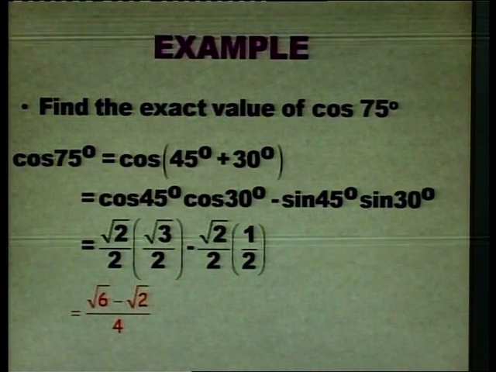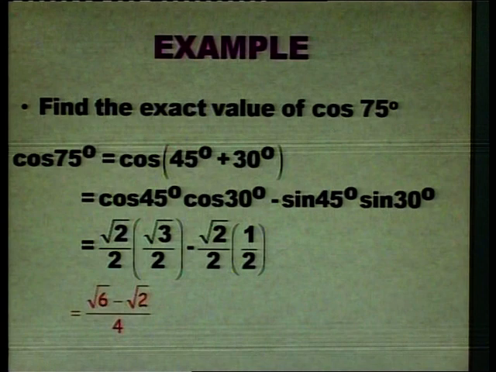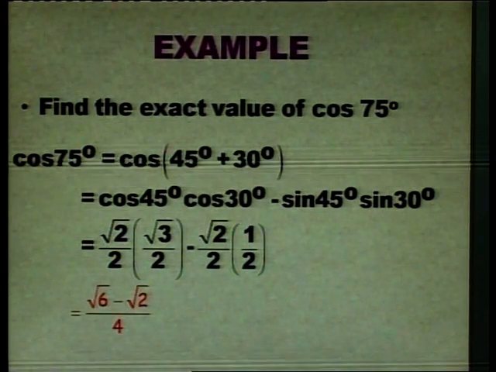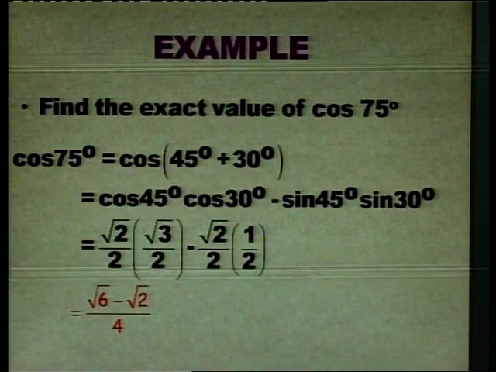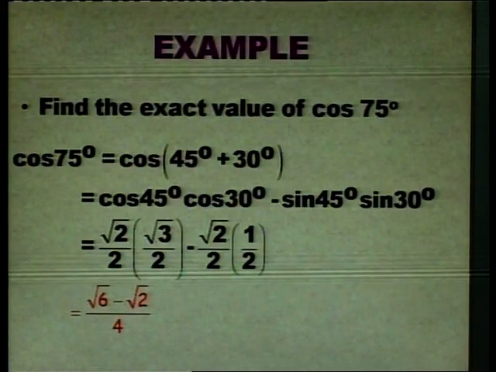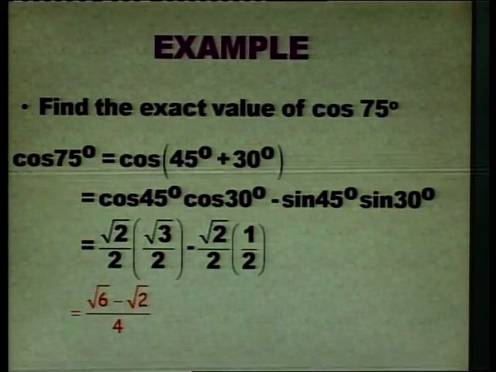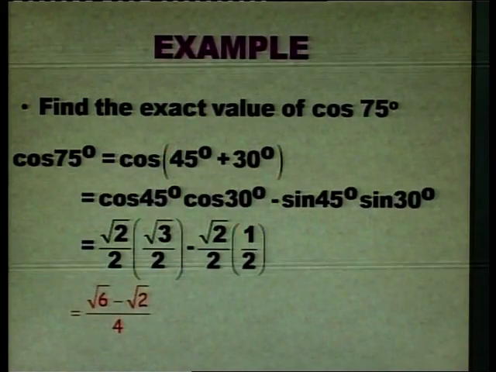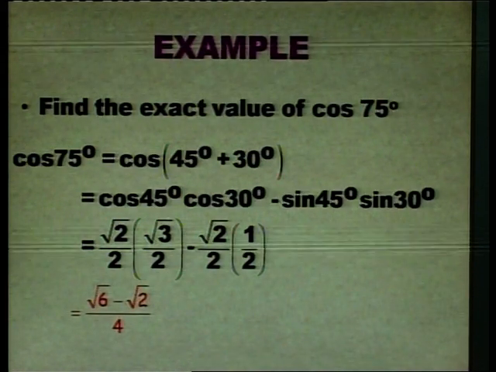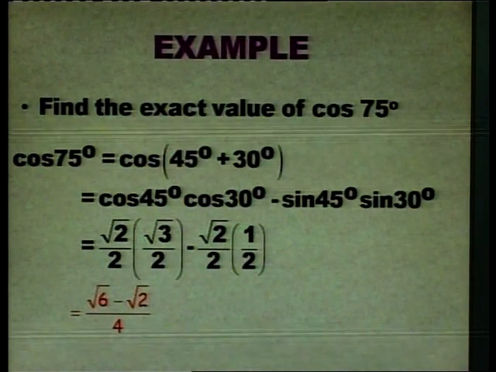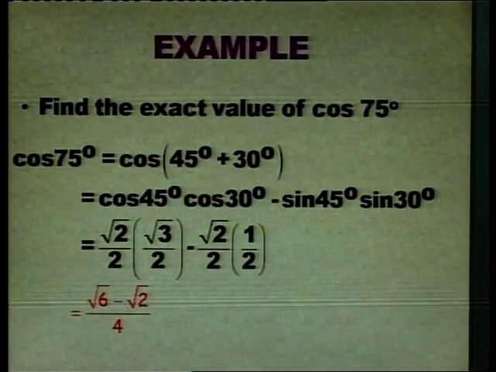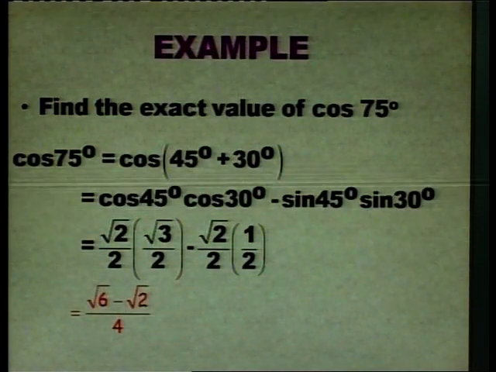Now, here is a simple remark: this value, (√6 − √2)/4, you probably got in the case of sin 15°. By using the formula cos θ = sin(90° − θ), your cos 75° has to be the same as sin 15°, which you are getting here also.